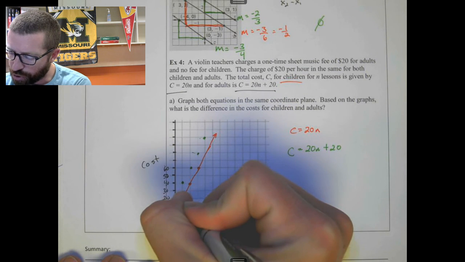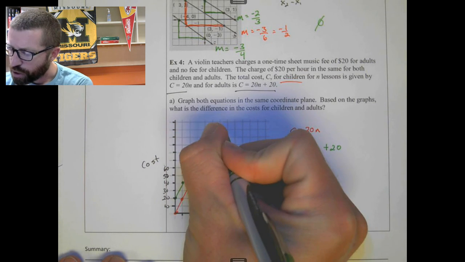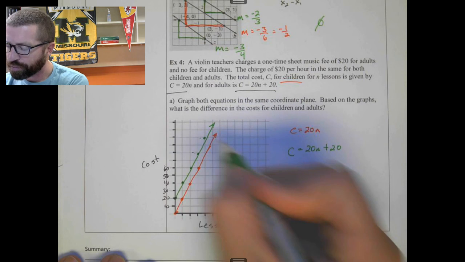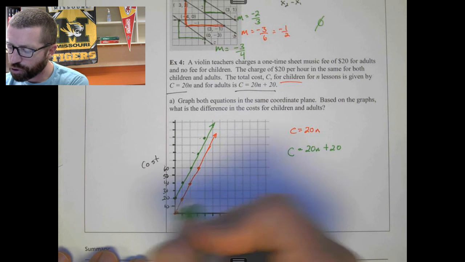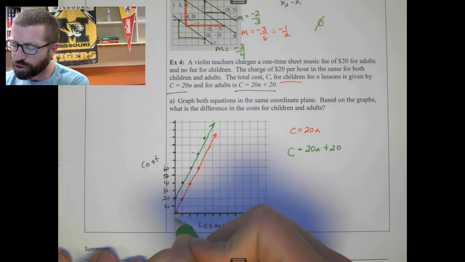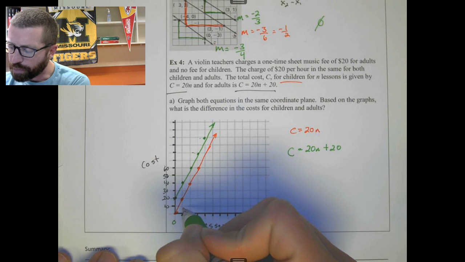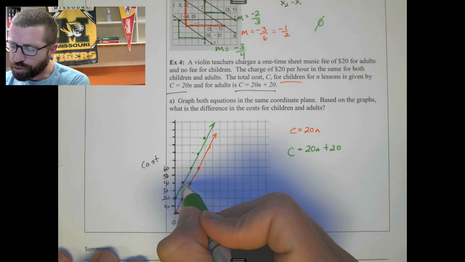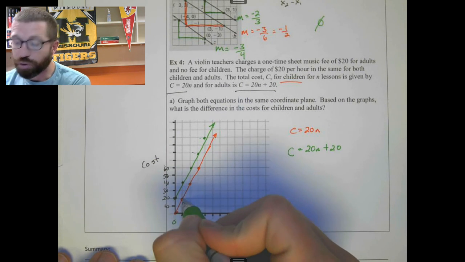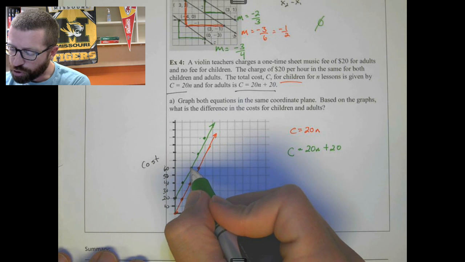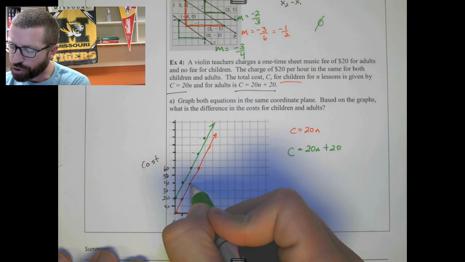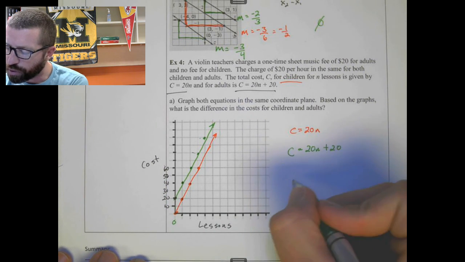So I'm going up at the same rate. My difference each time is 20. If I do 0 lessons, you wouldn't charge anything. But if there's one lesson, we would have a fee of 40 for an adult and 20 for a child. And then for 2 lessons, 60 for adults, 40 for a child. So each time the difference is 20.